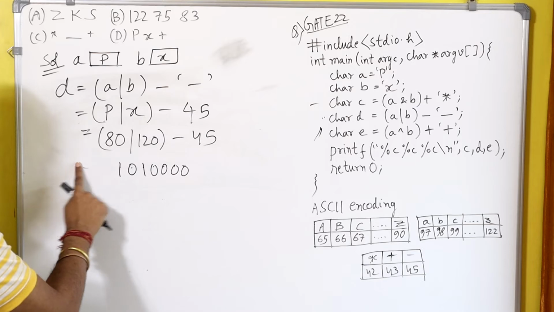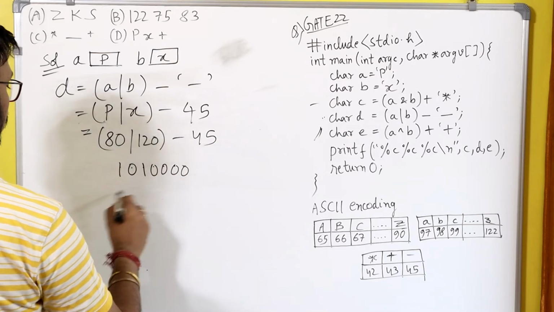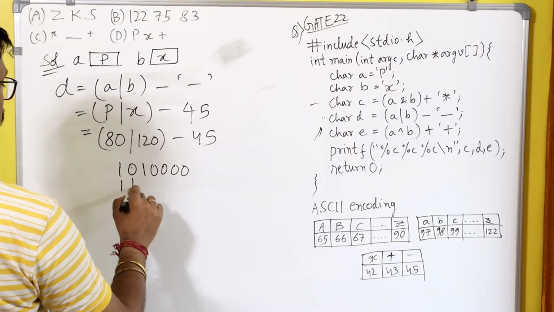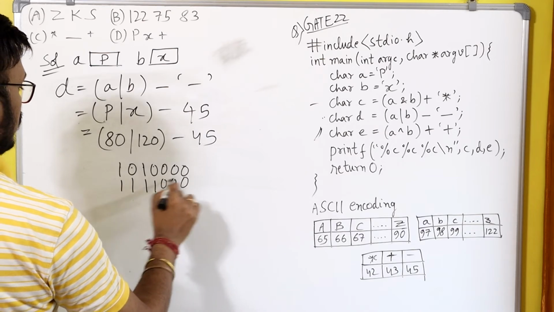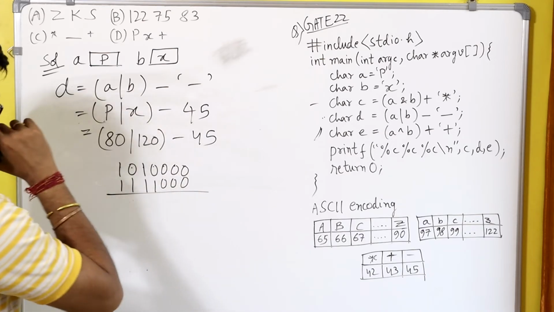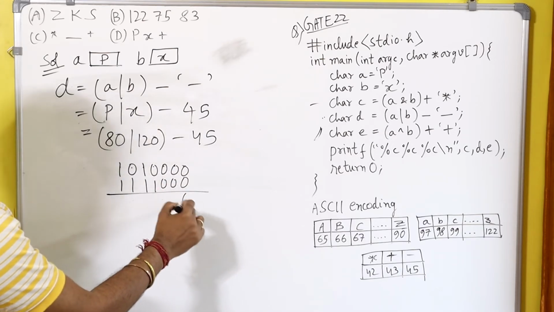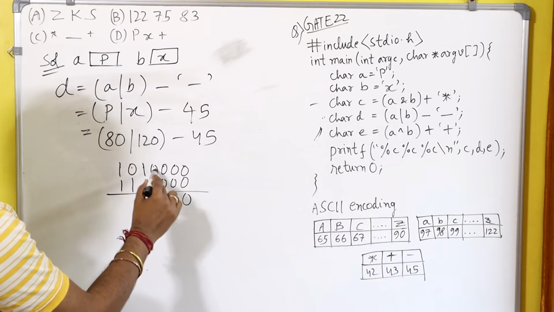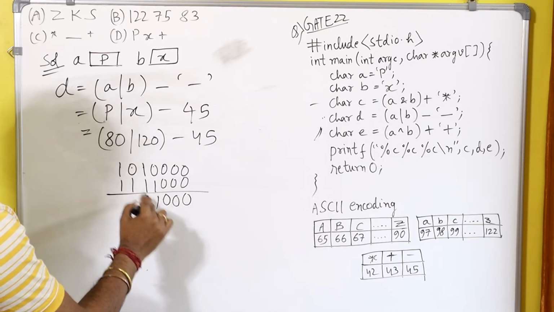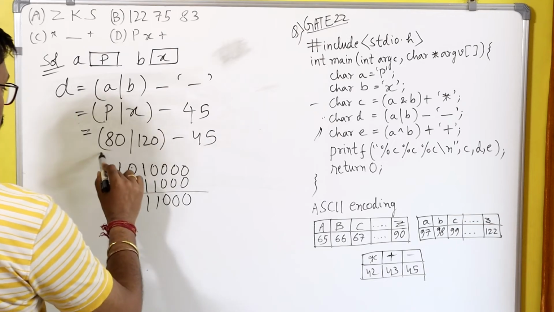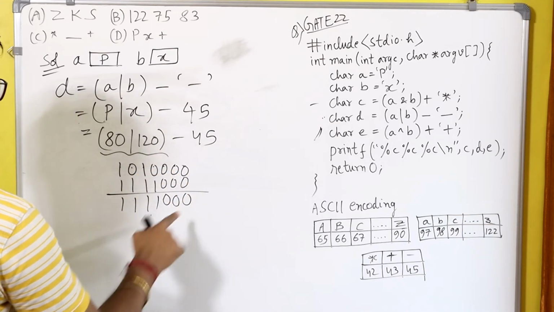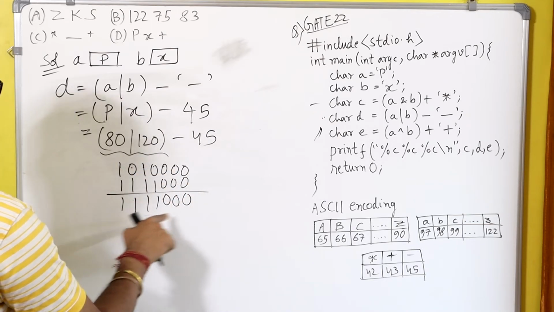And let's write the binary value of 120. 64 plus 32, 96, plus 16, 112. Now I apply logical OR. Fine. 0 0 0 0 0 0 0 0 0 0 1 1 1 1 1 0 1 1 1 1 1. So after solving this, you are getting this. So what is the decimal value of this part?